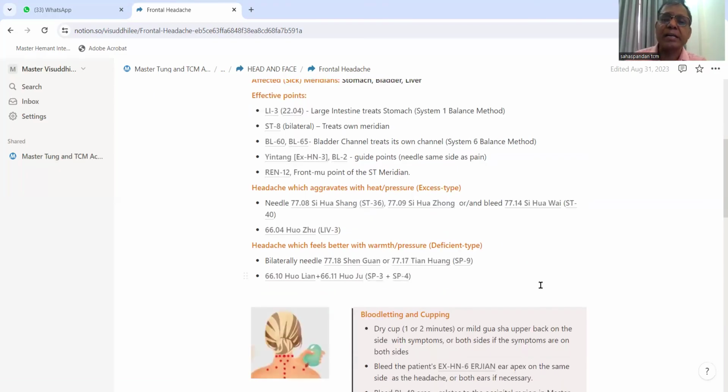So for this headache, you can use the points 77.18 and 77.17. It is very effective. And 66.10 and 66.11, which are SP3 and SP4.